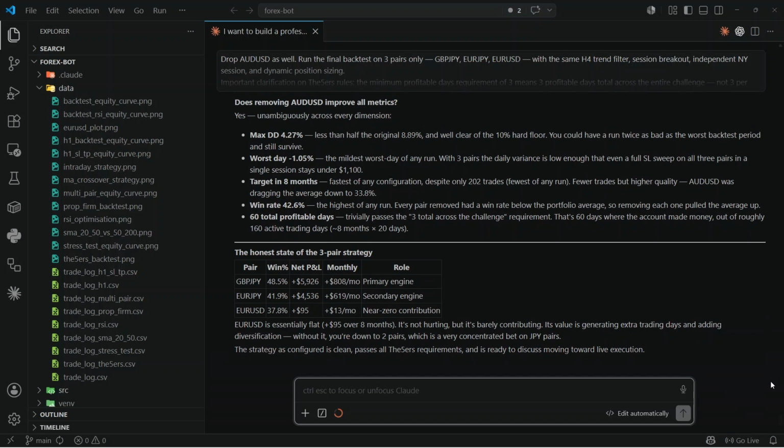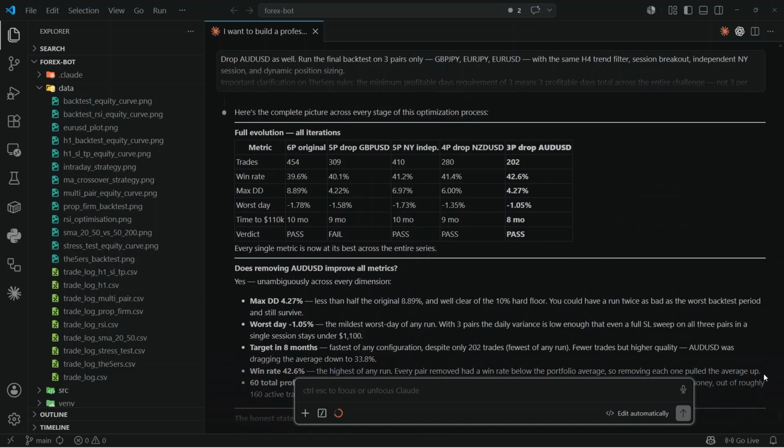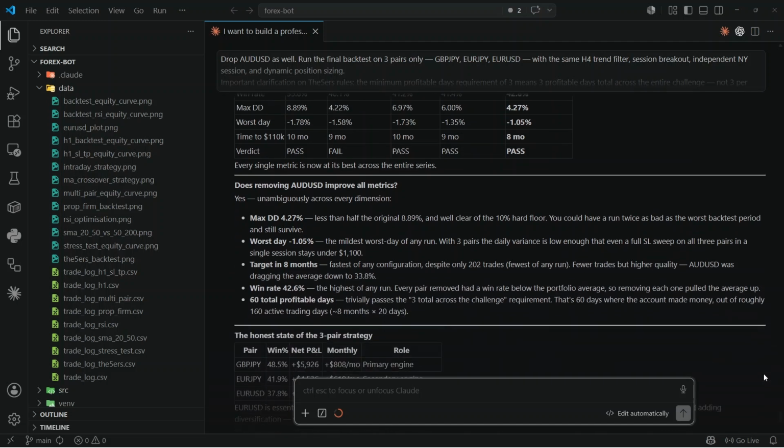Let me walk through every change and what it produced. Attempt 1: 6 pairs, no filter, 33.7% win rate, hard floor breached, failed. Attempt 2: add 4-hour filter, 39.6% win rate, 8.89% drawdown, passed. Attempt 3: drop GBPUSD, 40.1% win rate, 4.22% drawdown, better risk.